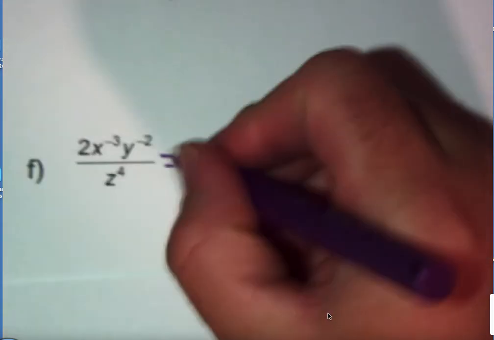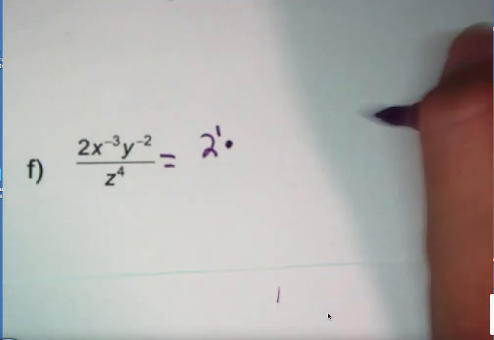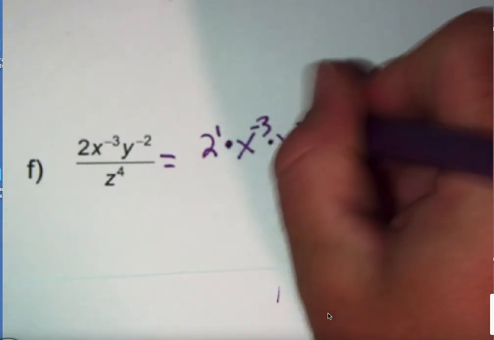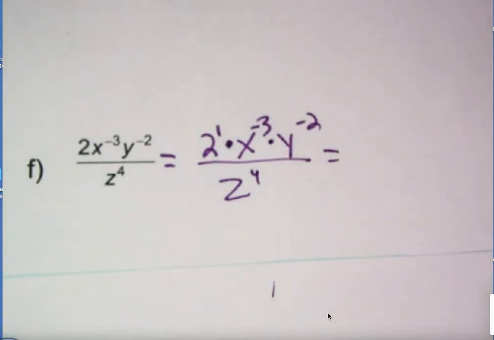So 2 is to the first, x is to the negative third, y is to the negative second, and z is to the fourth. So I'm going to show you a little shortcut here. Otherwise, it becomes very confusing super fast.